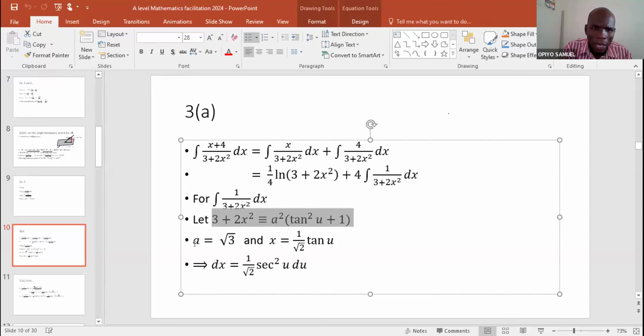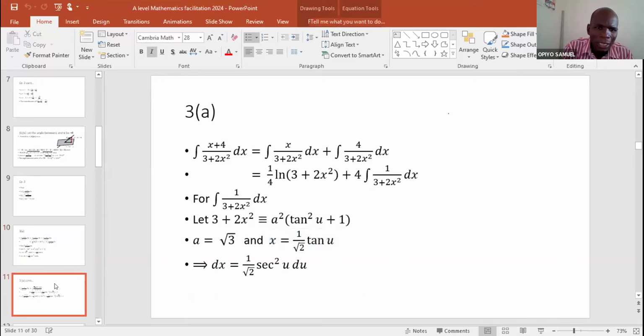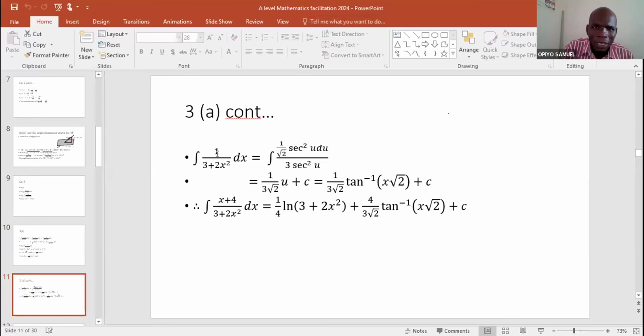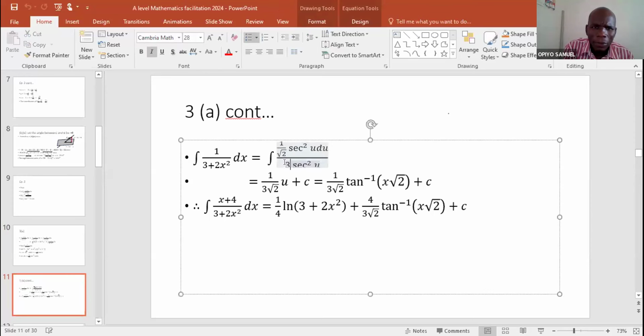So a is this, but when you come back and substitute later in this integral, which is in the next page, we have a squared. So the root 3 disappeared because we squared this part.